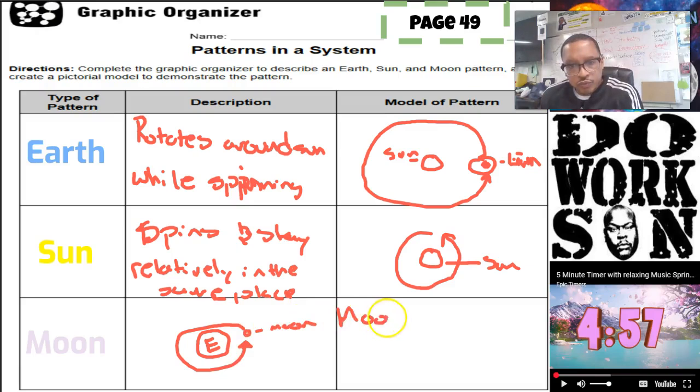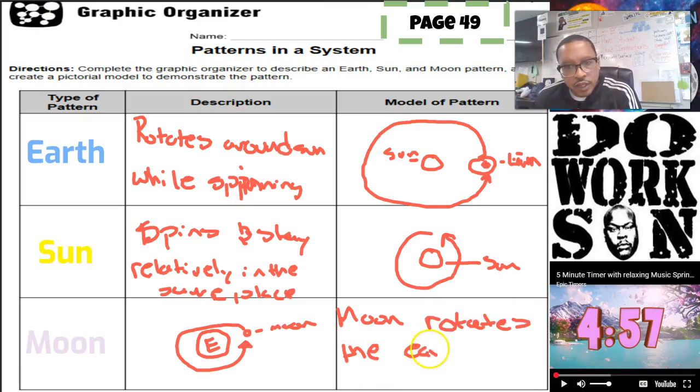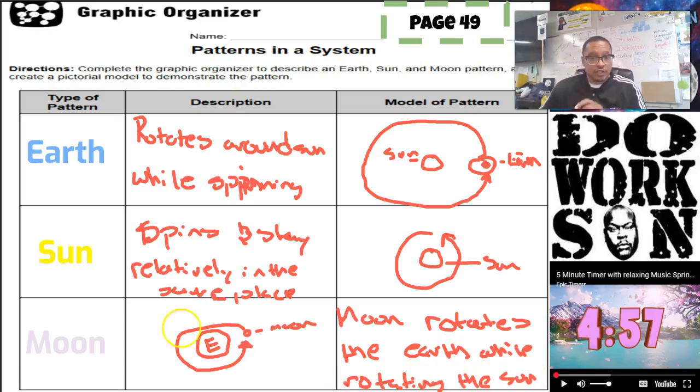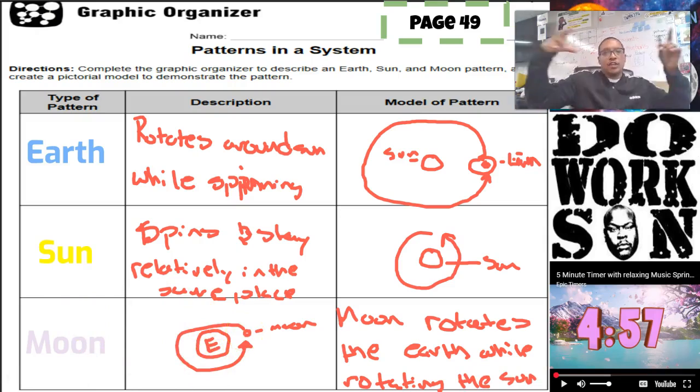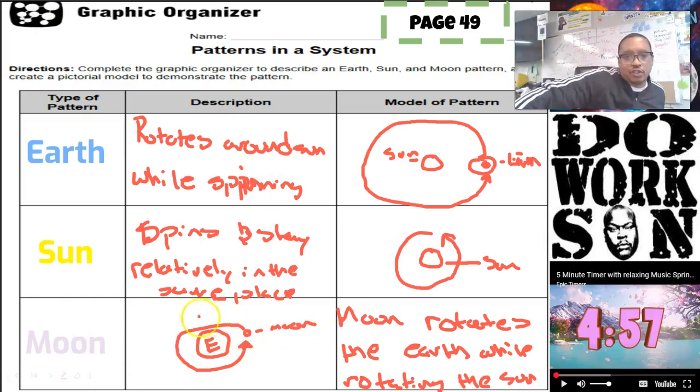Moon rotates the Earth, and that is its typical motion, while also rotating the sun. So it actually does both. You have this system, and then this system is going around the entire sun as well. That should give you some of the ideas of how this is working.